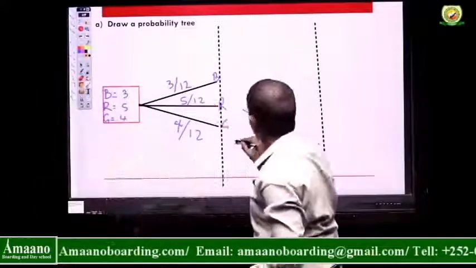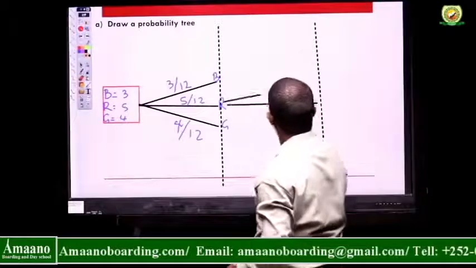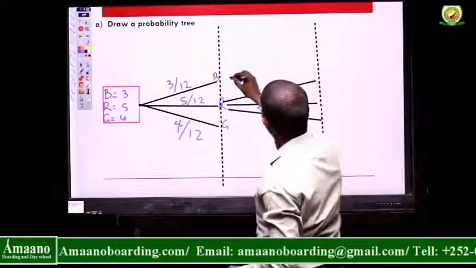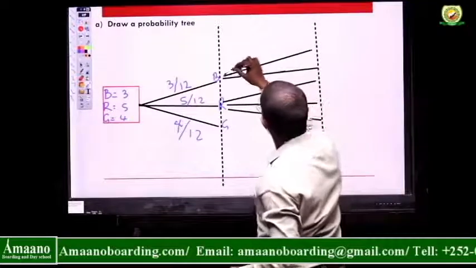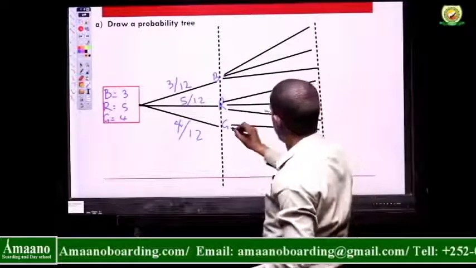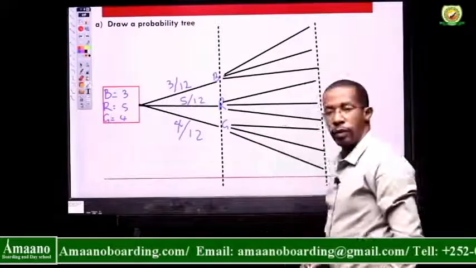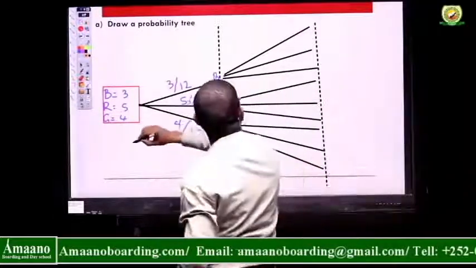Each of these, we can draw 3 different possibilities during the second draw. See? For each of them, there are 3 different possibilities.